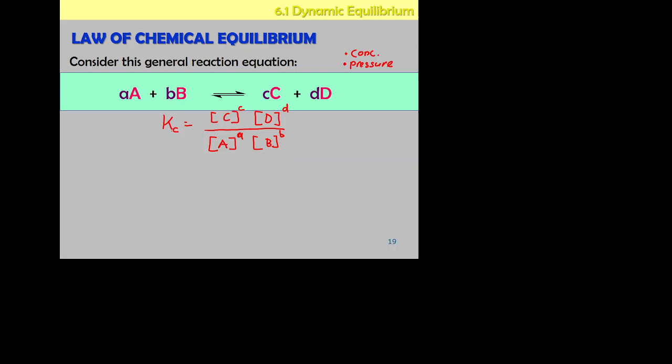So Kc means the equilibrium constant based on concentration. And remember, gases can also have equilibrium. So that's why we also can have Kp. We will look at Kp later. If you remember Dalton's law of partial pressure, we look at the partial pressure of each component. So Kp uses partial pressure and also the stoichiometric coefficient, the same. But first we look at the equilibrium constant based on concentration.